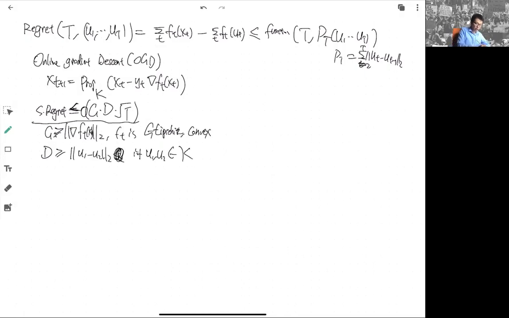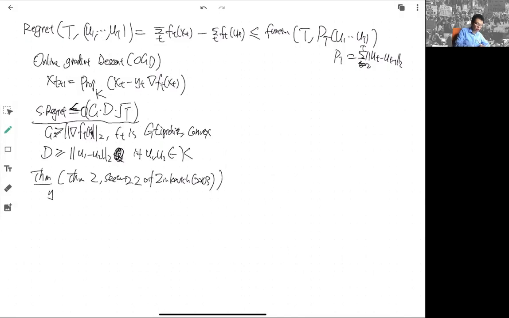So what Zinkevich proved, this is theorem 2 in section 2.2 of the paper (2003).